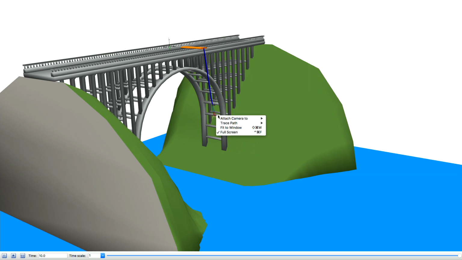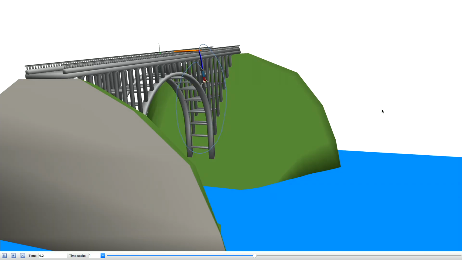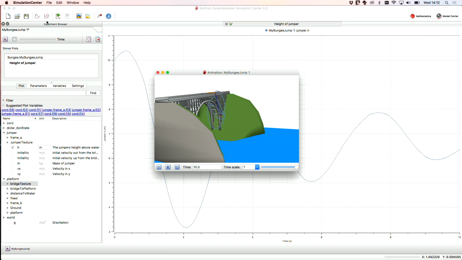So if we look at this, I can trace the path of the jumper, like that. And let's jump again. Now he's jumping there, and we can follow the path of jumping. We can also see that together with a plot.